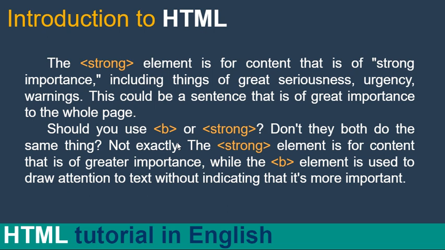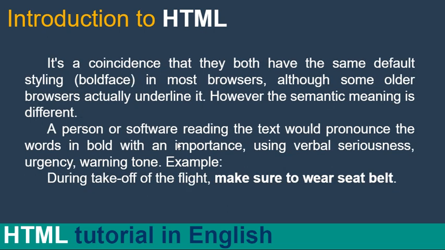That simply means that the b tag you will use to simply draw attention to the text, to display the text in bold, but the strong element is for content that is of greater importance. It is a coincidence that they both have the same default styling, boldface, in most of the browsers, although some older browsers actually underline it.